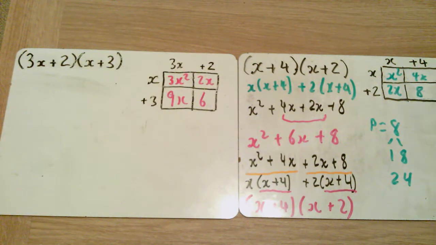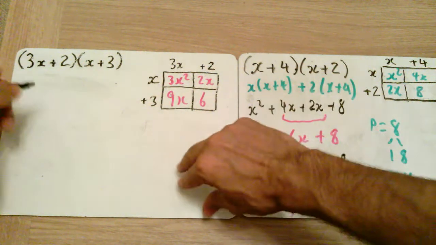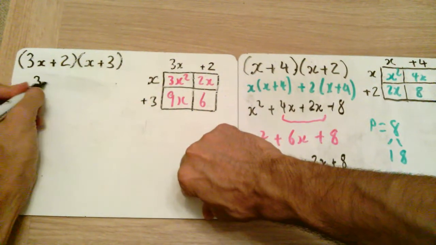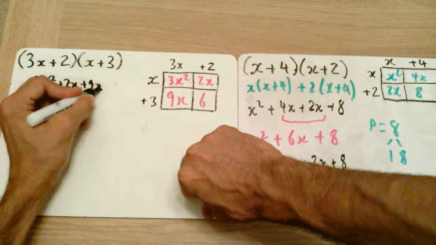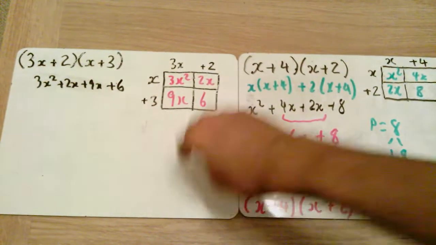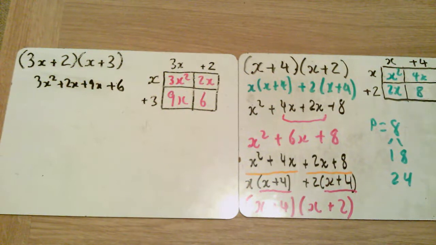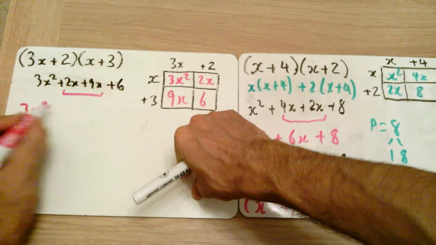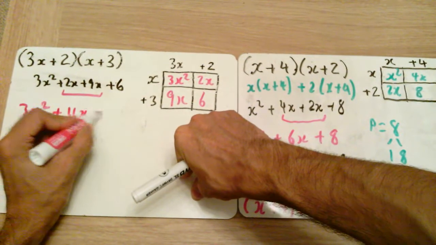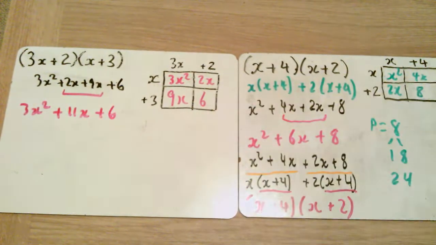If I now write those out underneath, we have over here 3x squared plus 2x plus 9x plus 6. And once again, we can collect those two like terms in the middle. And once we do that, we get 3x squared plus 11x plus 6.